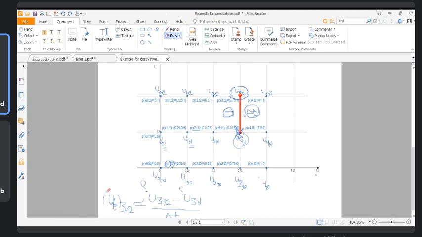Please let me erase this page. Only by using a forward finite difference approximation.